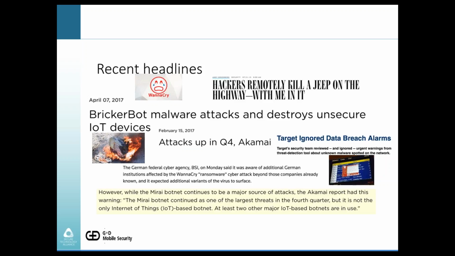The first one was the breach in the Target stores, which was through an adjacent network that was connected to all the IoT devices. Then there is the WannaCry ransomware, which affected a lot of both IT and IoT devices, right? And then you have the inverse of those, the Brickerbot malware, which actually goes out and destroys unsecured IoT devices.